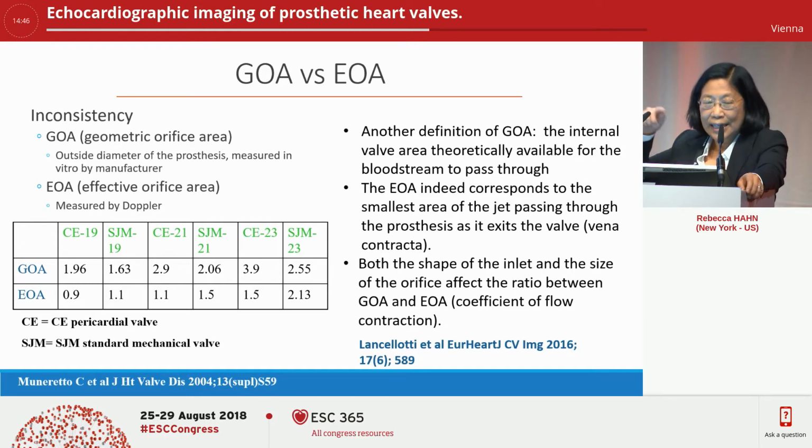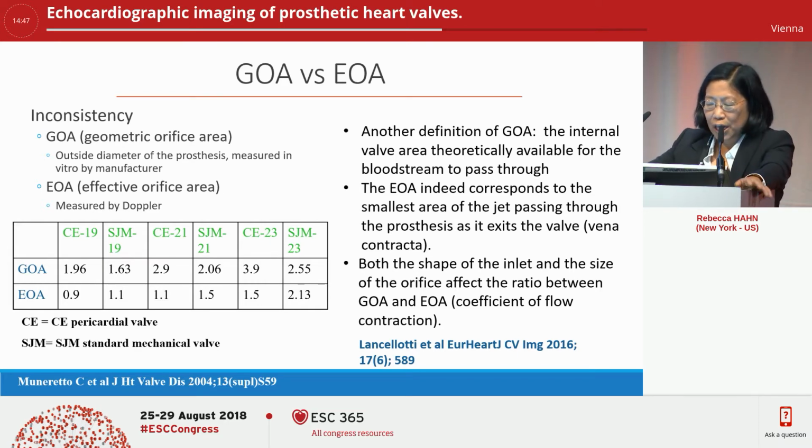That's actually the internal diameter, assuming that the leaflets are fully opened, and that is going to be available for flow, which obviously is not entirely true, since the leaflet construct may reduce the amount of area available for flow. The EOA corresponds to the smallest area of the jet passing through the prosthesis as it exits the valve leaflets, and that is the measurement of the vena contracta orifice area.